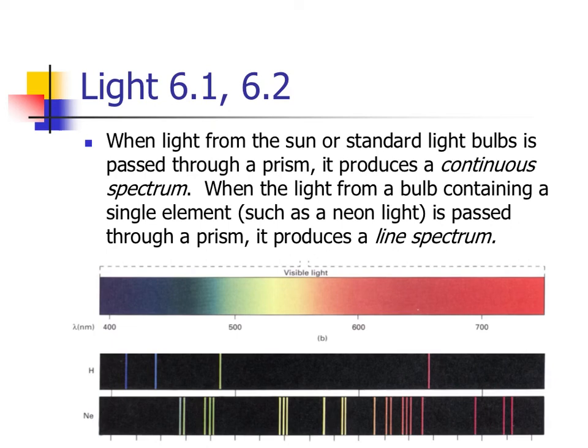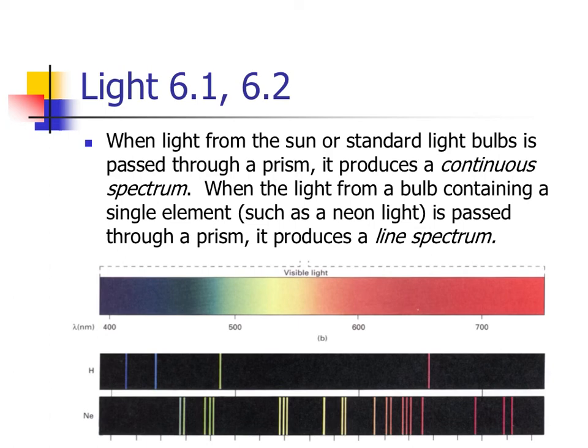The line spectrum is the bottom. It's the fingerprint for every element on the periodic table. Every element has a unique line spectrum that tells us what it is, because it is unique.